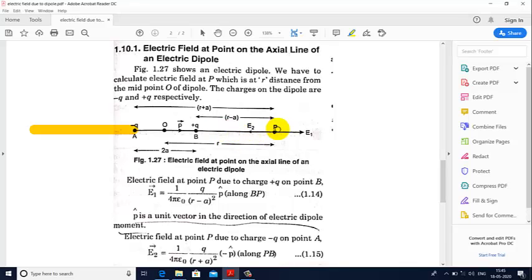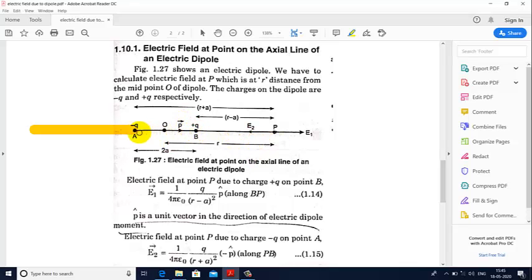We take a point P which is on the axial line of the electric dipole. This point P is at a distance r from the center of the electric dipole. The distance from A to B is 2a, and the distance from O to P is r. Clear?